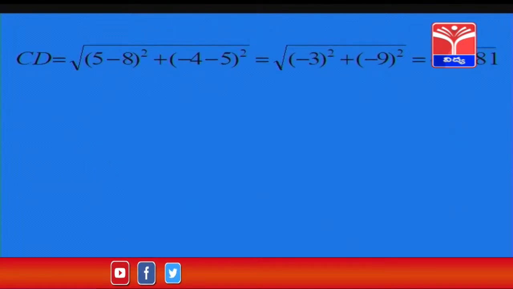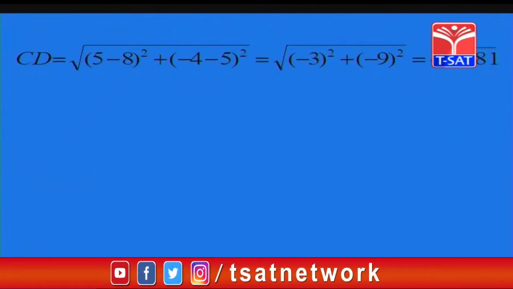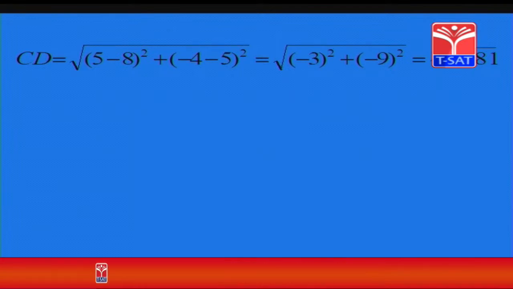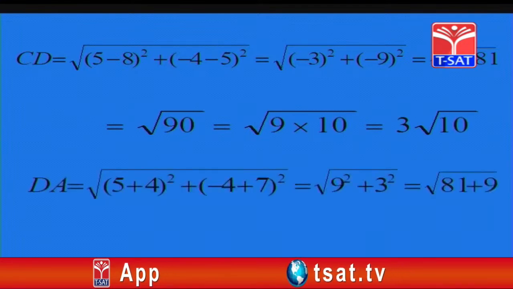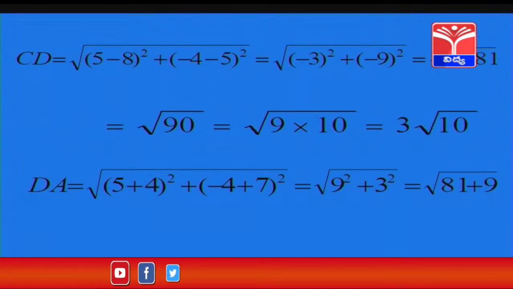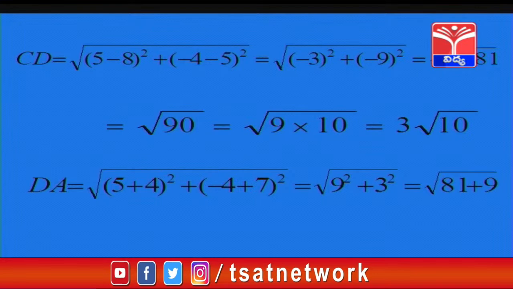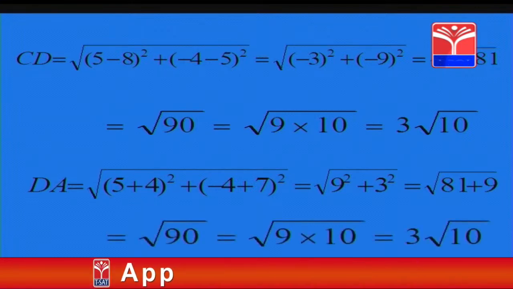Now, coming to CD, I get under root of (5 - 8) whole square plus (-4 - 5) whole square, that gives me under root 9 plus 81, which is under root 90, which is 3 root 10 again. And finally, DA is under root of (-4 - 5) whole square plus (-4 + 7)... that is under root 9 square plus 3 square, which is under root 81 plus 9, and that gives me under root 90, which is 3 root 10 again.